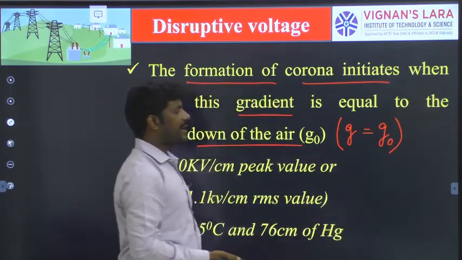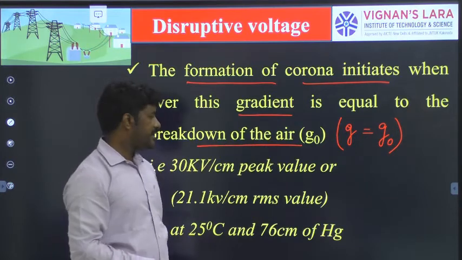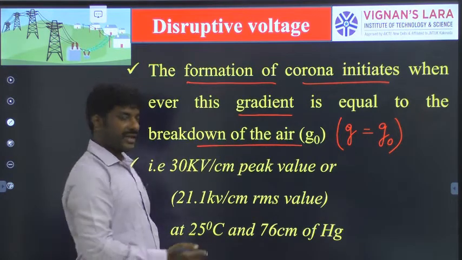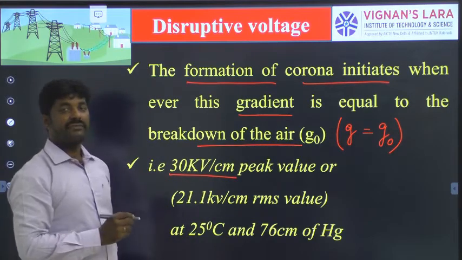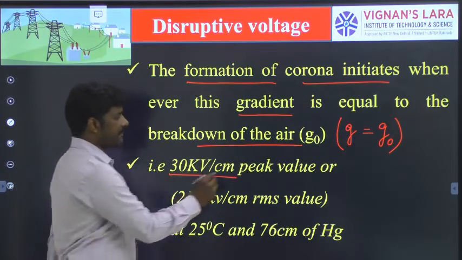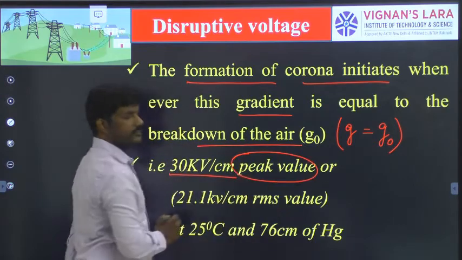Then what is the gradient or breakdown voltage of the air? In general, the breakdown voltage of the air is 30 kV per cm, and it is a peak value, the maximum value.